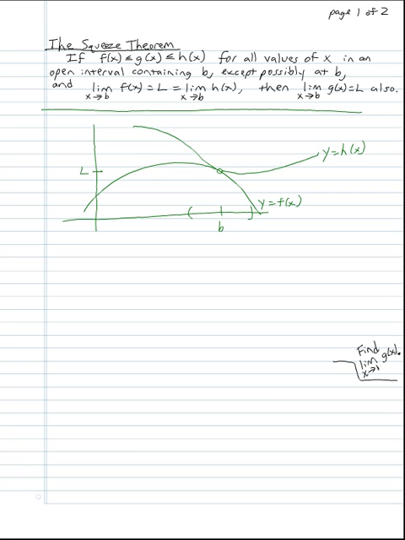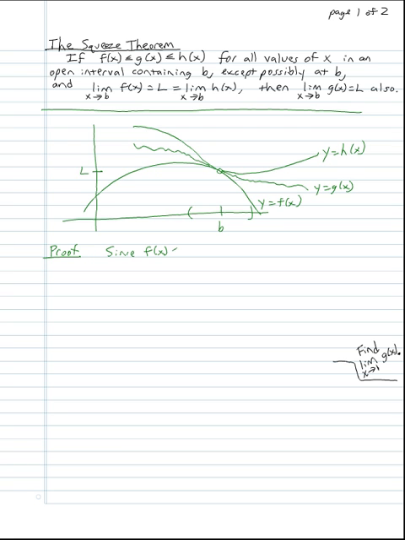So that's what the special conditions there were about. But look at what would happen if g has to be in between here. It sure looks like, from both directions, g has to have the same limit. And we can actually prove that. Here's a proof.